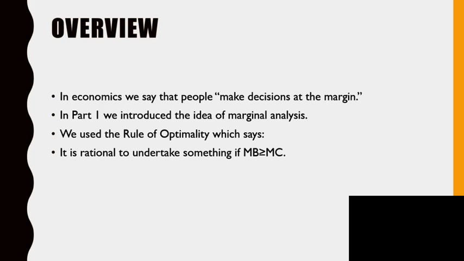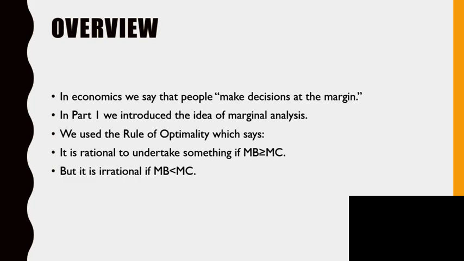It wouldn't make any sense to spend $3 on something that gives us only $2 of marginal benefit. That would be irrational. But notice the equal sign. Is it rational if marginal benefits are exactly equal to marginal cost? Of course it is. It's irrational, however, if marginal benefits are less than marginal cost.